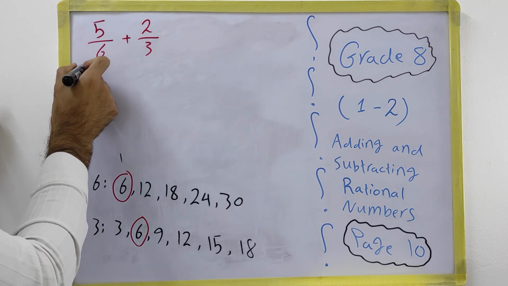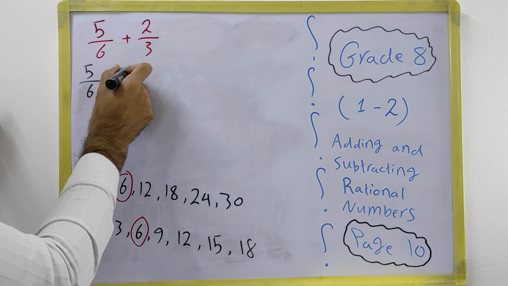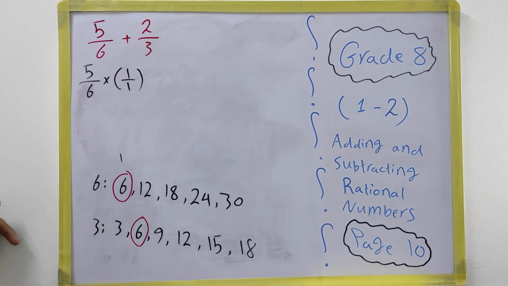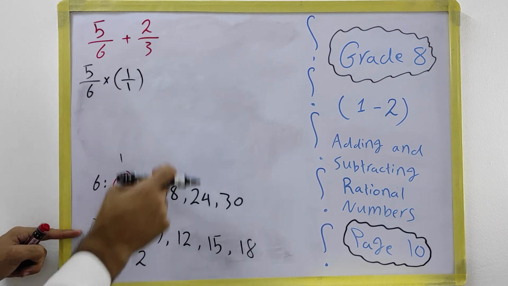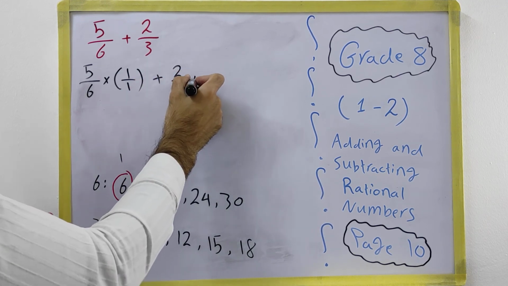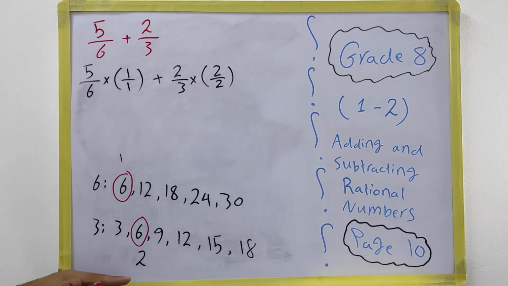Look, 5 over 6, we multiply by 1 over 1, because it's the first number. But number 6 in this one, which number is it? The second. In this one we multiply by 2 over 2. So 2 over 3 multiplied by 2 over 2, because it's the second number.